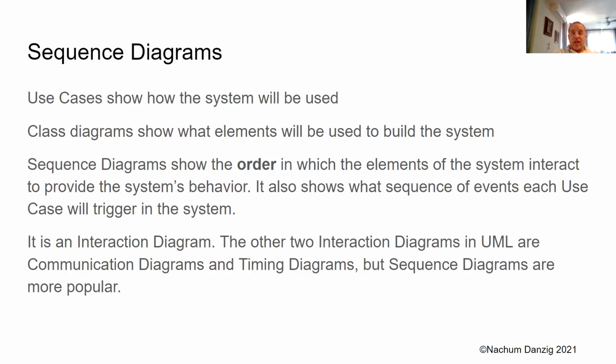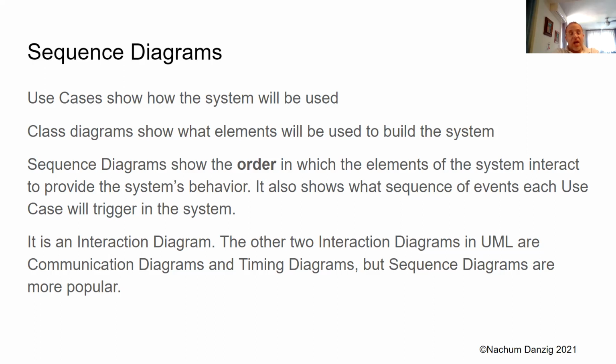So now we're on to the second half of this lecture, which is sequence diagrams. Use cases show how the system will be used. Class diagrams show what elements will be used to build the system. The sequence diagram shows the order in which the elements of the system interact to provide the use cases, to provide the system behavior. In other words, how are these classes going to achieve the results that the use cases say they should?